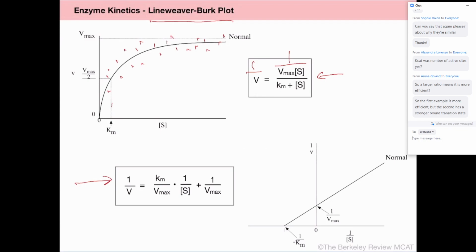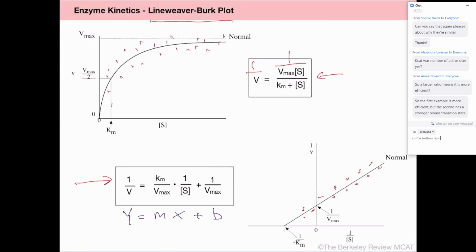And so now if you take all these data points that you plotted and you plug them into this new equation, then you get them over here and you can actually form a line through them, right? And so, right, this is y equals mx plus b.